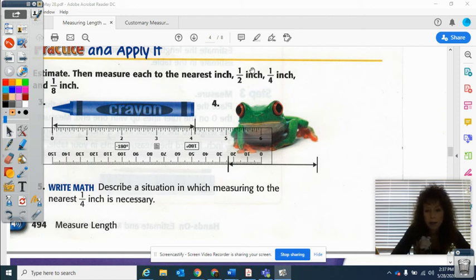Okay, what about to the nearest half inch? So the half inches, again, are halfway between the whole. It's not going to let me write on it, so I'll have to write above. So the half inches are right in the middle between, but it's not letting me write on the ruler, so I'm just kind of having to put.